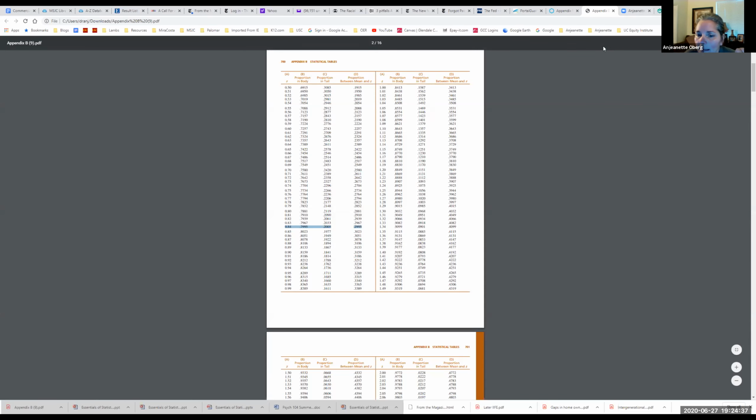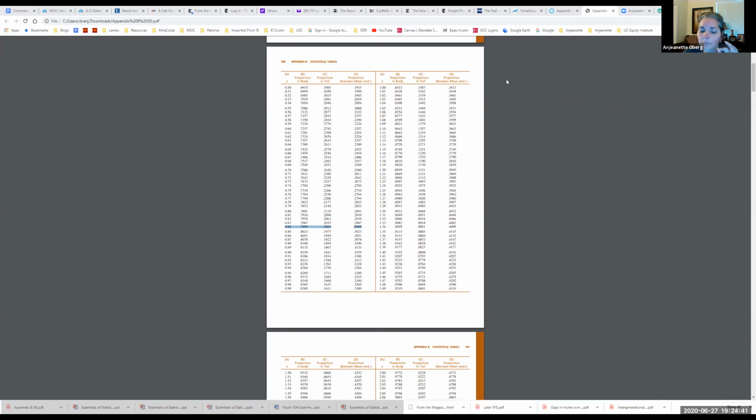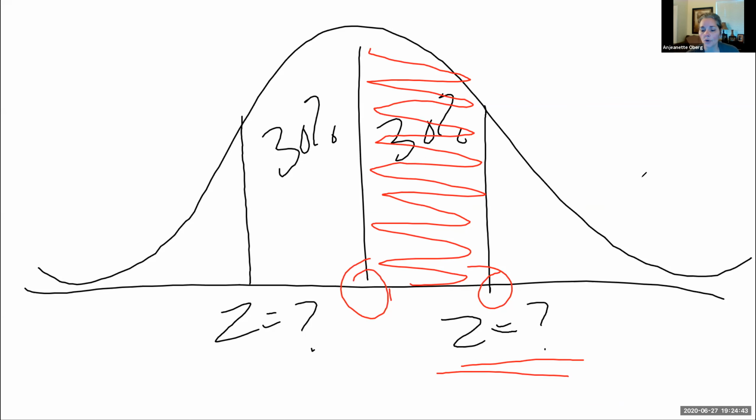So if I go back here, remember, it's only telling me positive numbers, but I know that whatever's over here on the right side also corresponds to the left side, only it's a negative. So the boundaries that correspond to the middle 60% are anything between negative 0.85 z-score and positive 0.85 z-score.